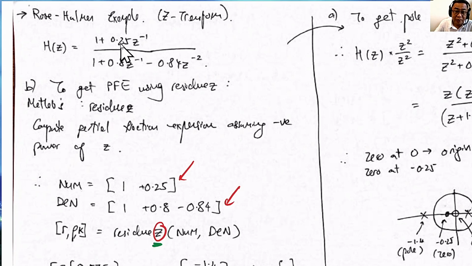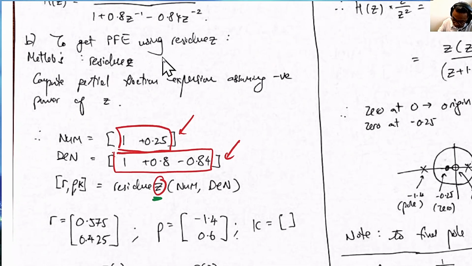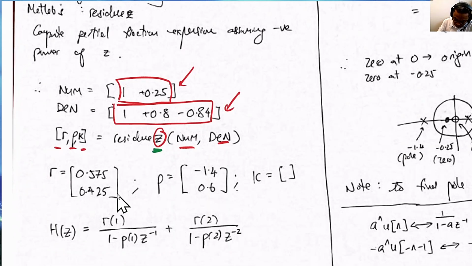So this is 1 and 0.25 here, and the denominator is 1, 0.8 and minus 0.84, which is here. Then by substituting into residuez the parameters numerator and denominator, I get r, p, k, and my r is this, and my p is this, and my k is nothing.